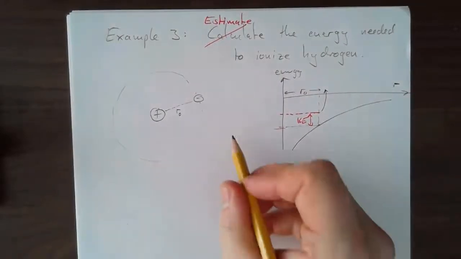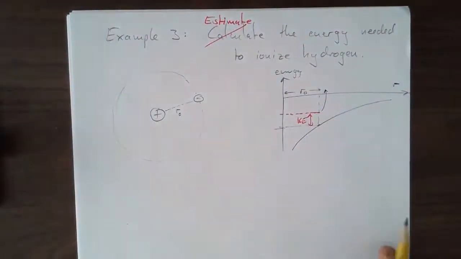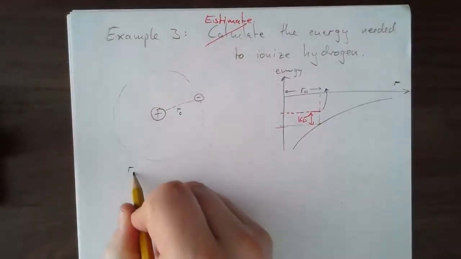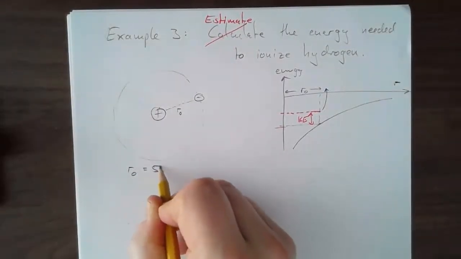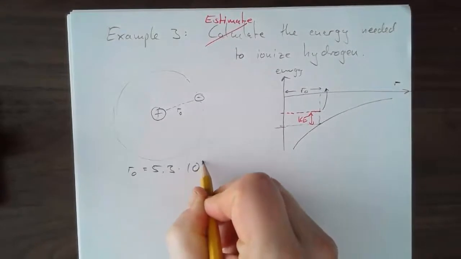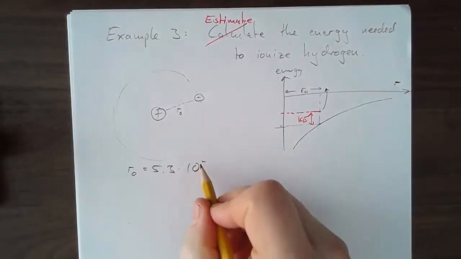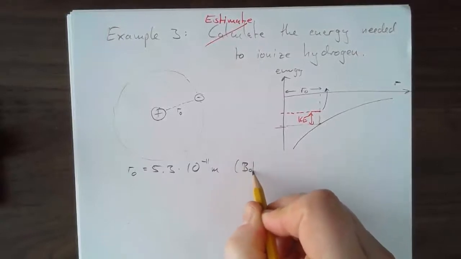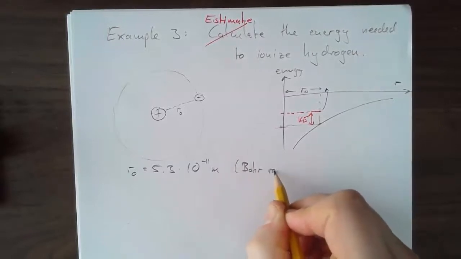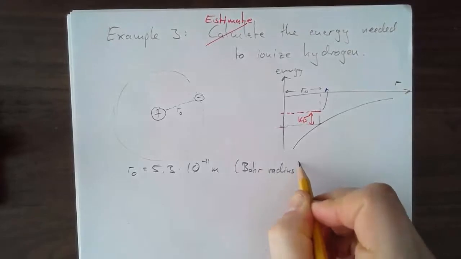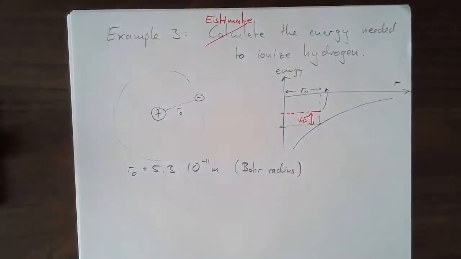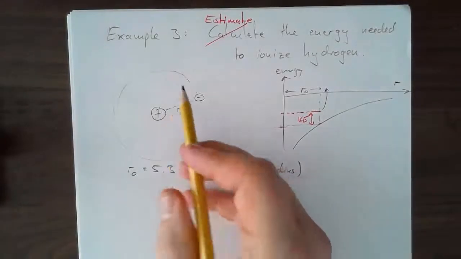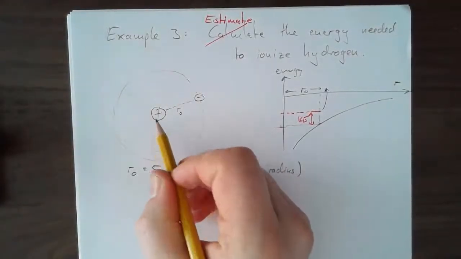So we need some data here. What's the size of a hydrogen atom? We're going to take the so-called Bohr radius, and that is about 5.3 times 10 to the minus 11 meters. And of course, the proton has a charge E, remember?